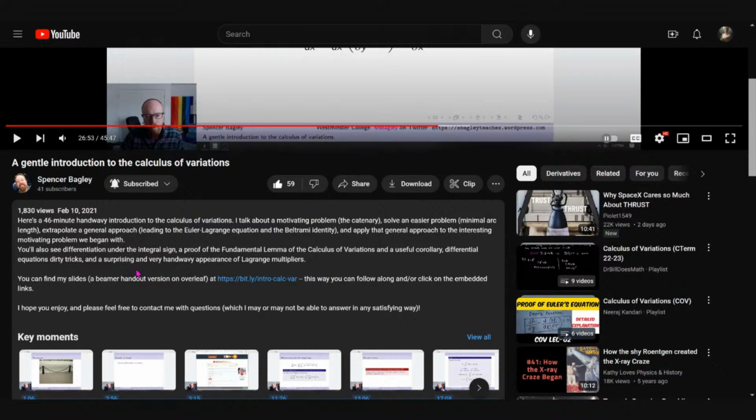Also, you'll see differentiation under the integral sign, a proof of the fundamental lemma of the calculus of variations, usual corollaries, differential equations, dirty tricks, and a surprising and very hand-wavy appearance of Lagrange multipliers.